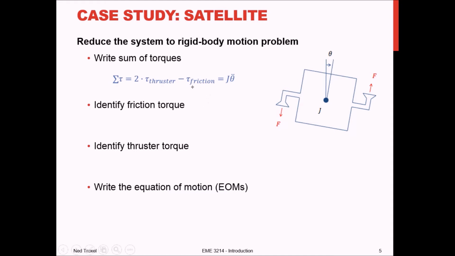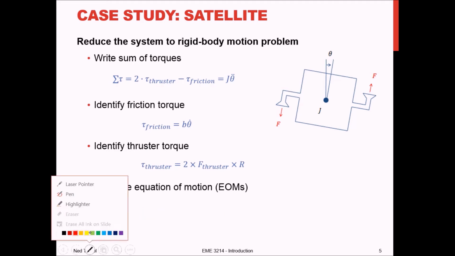All right, so this value T friction, we need a way to model that. This is a linear model that we'll talk about much more later in the semester. But essentially, the friction torque will just be a constant times the angular speed. So we have our thruster torque, we have our friction torque. Now let's get our thruster torque. We have a force being applied by that chemical thruster, so 2 times F times R, of course, this distance right here.